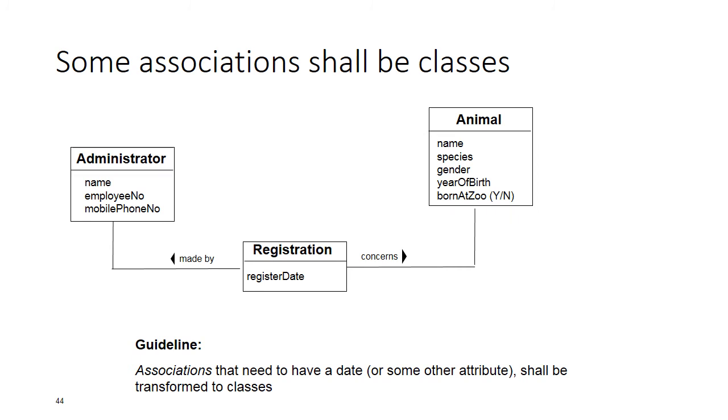Sometimes when associations need to have a date or some other attribute, you need to transform the association to a class. So in this case we created a registration class.